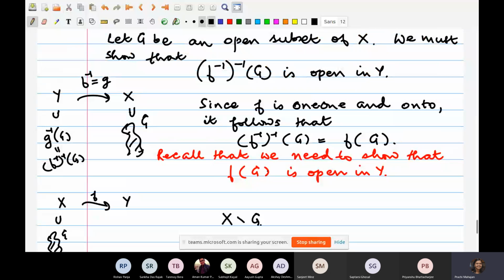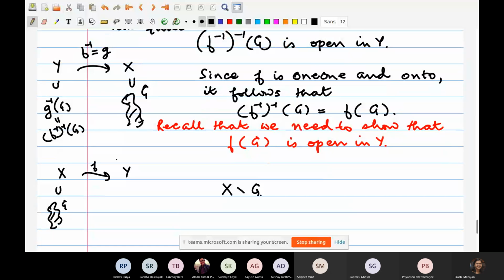It says that the complement of G is closed in X. Correct? Yes, so let's record this. Now the complement of G is closed in X and X is compact. So what happens?